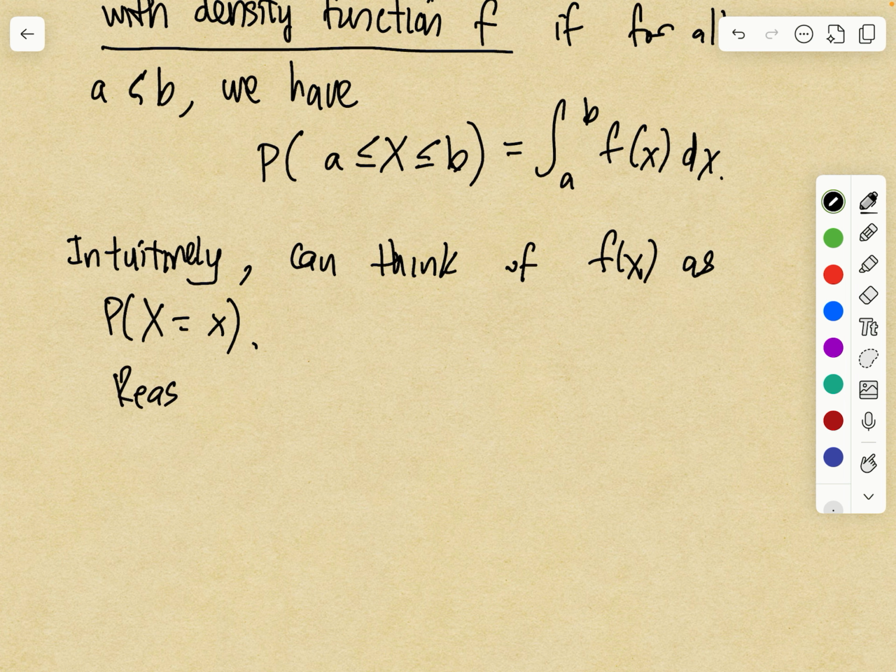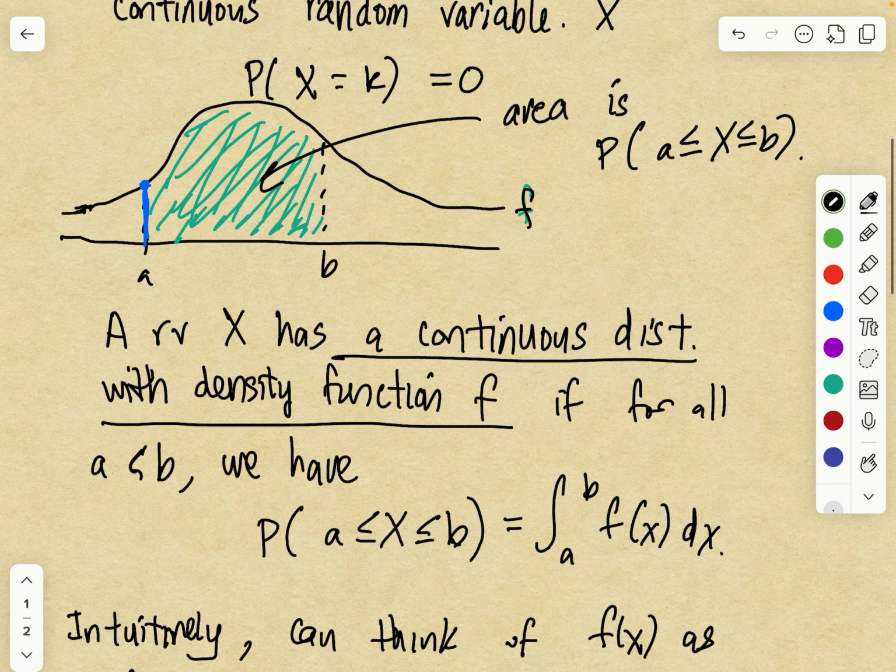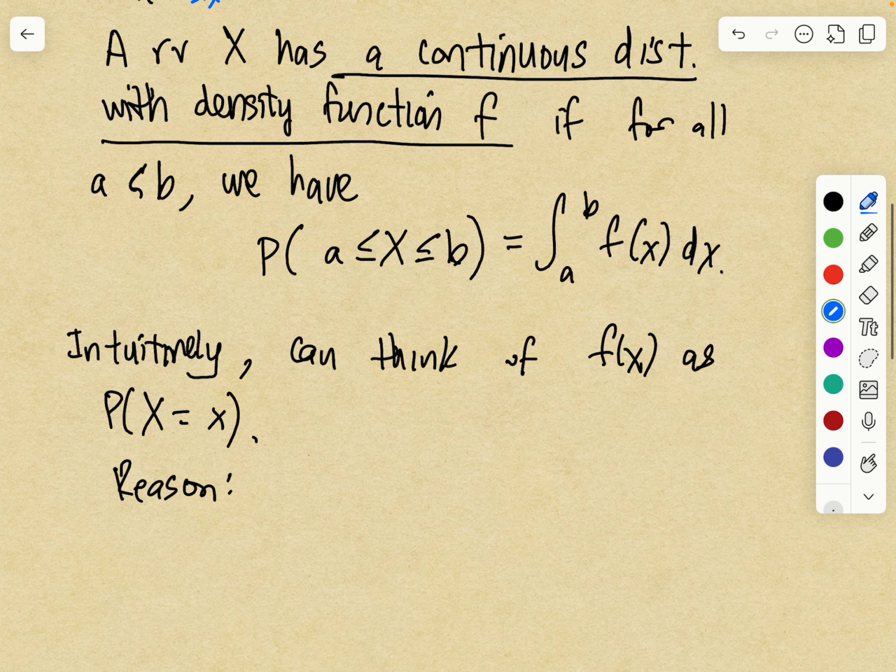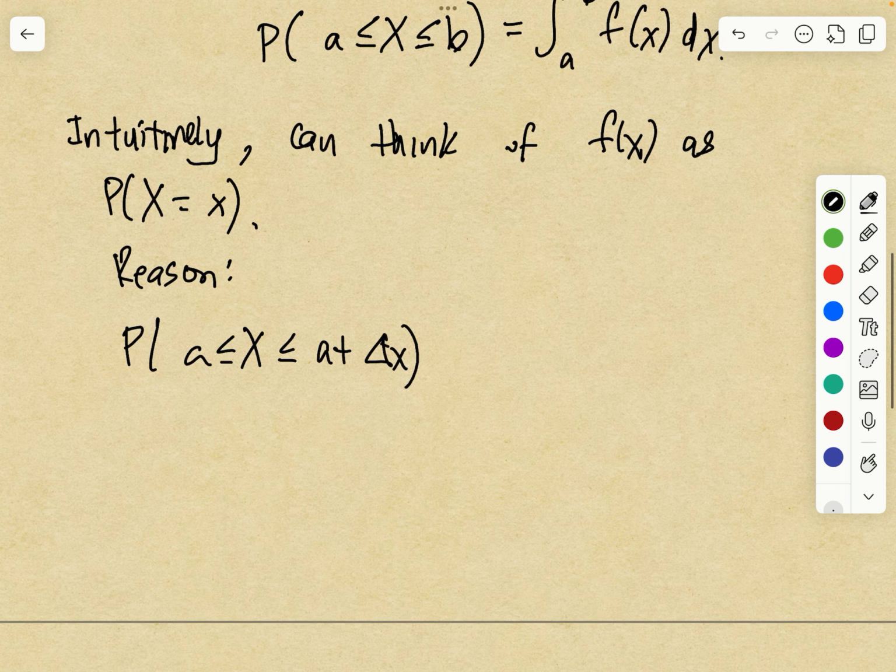The reason why you can do this is because if you take a really small distance, so you go to a plus, say, delta x. The probability that x is between a and a plus delta x is equal to the integral of f of x from a to a plus delta x.